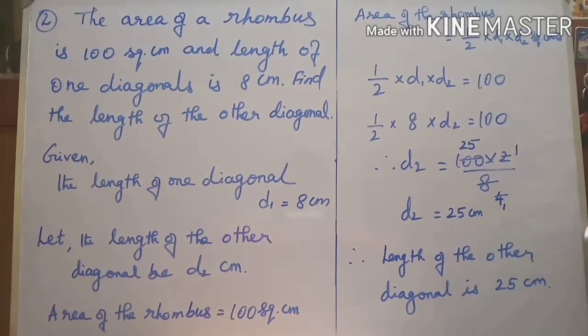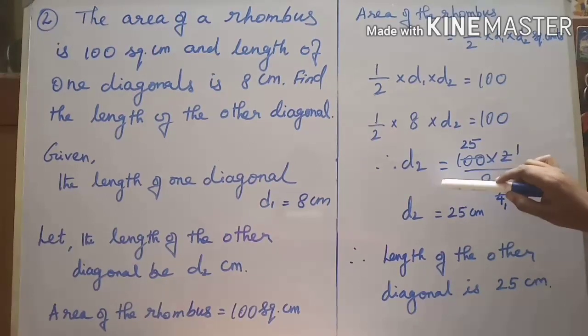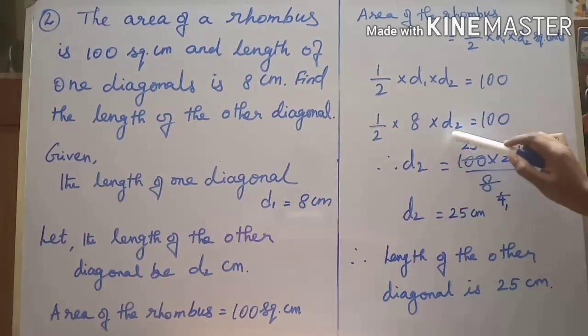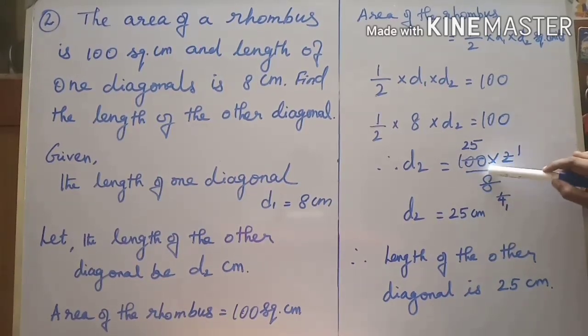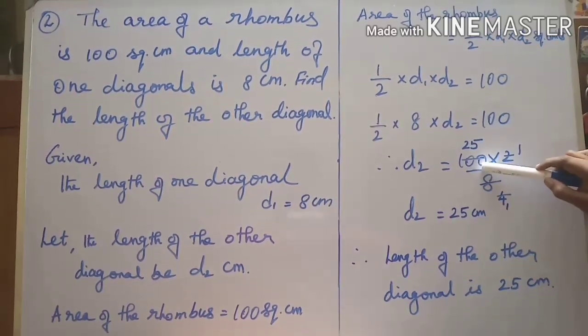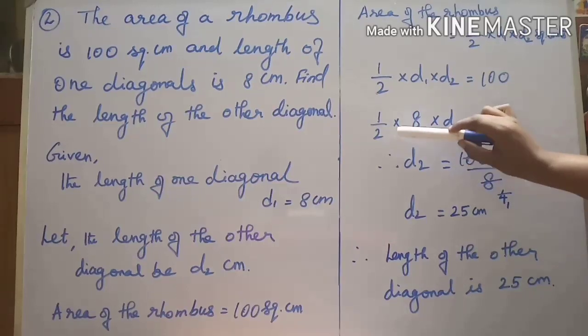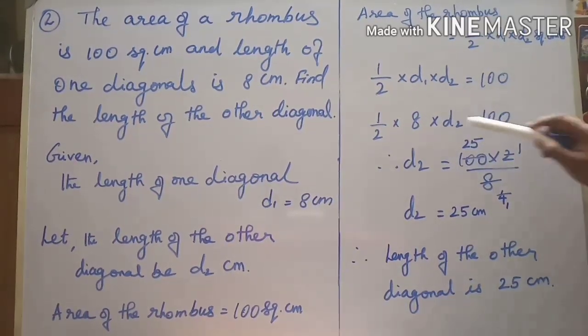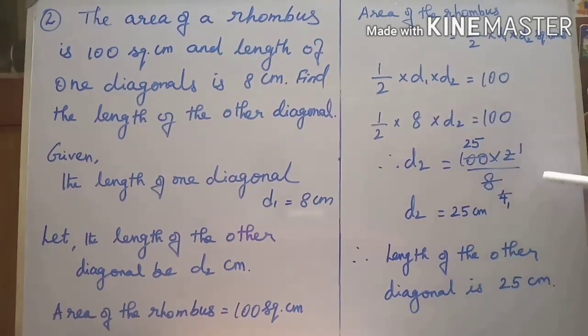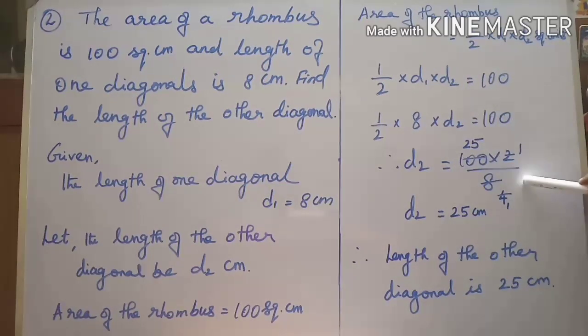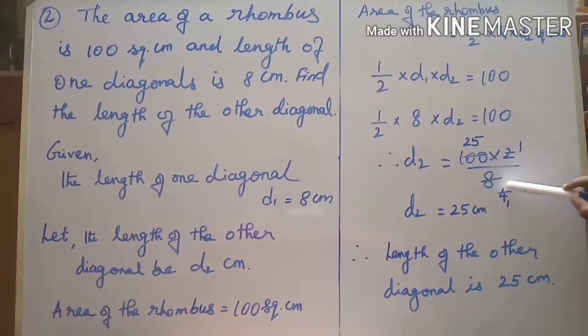So in the next step, we are going to find the value of D2. Therefore, D2 is equal to 100, as it is on this side. Just bring these two numbers to this side. Here 8 is a multiplication number; when 8 comes to this side, it becomes a division number, so divided by 8.